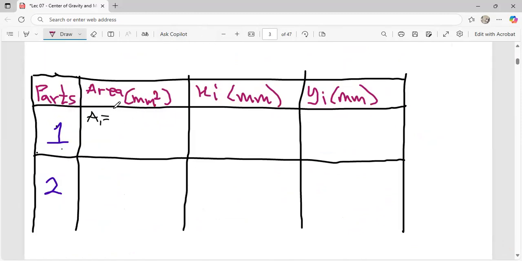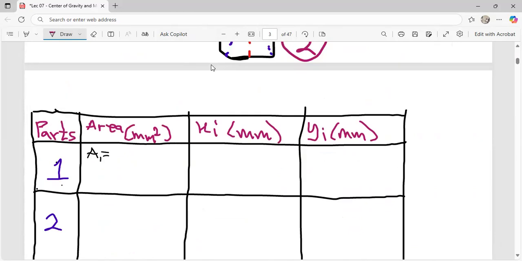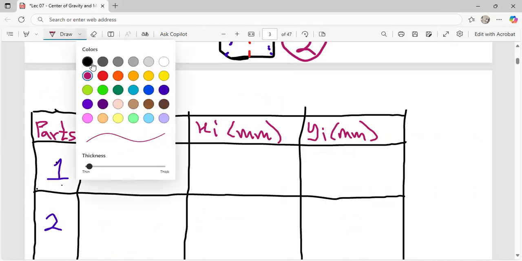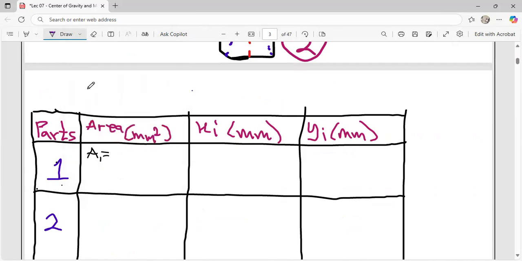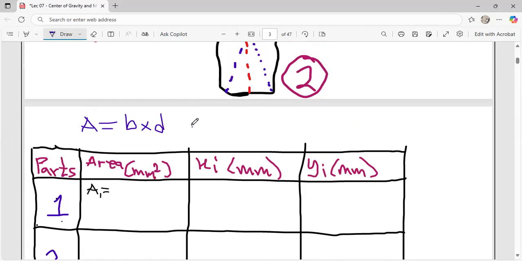So the formula for the area, let me write it over here for us all to see. The area is equal to the breadth times the depth. That is the formula for the area.